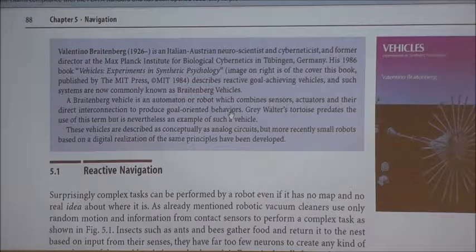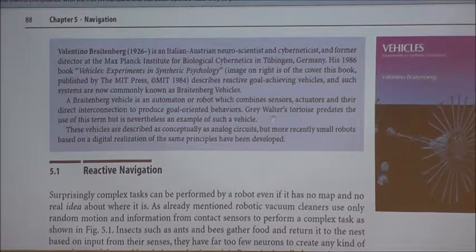Now, Grey Walter, an American, came up with the tortoise, a turtle type of robot, which predates that particular book, and use this term, but it nevertheless is an example of such a vehicle.